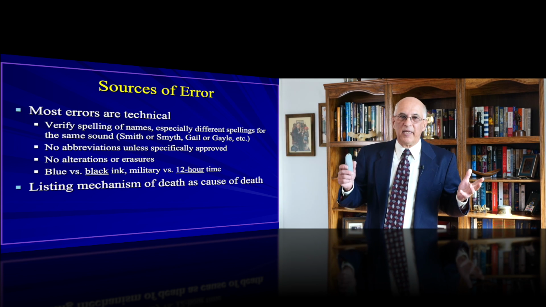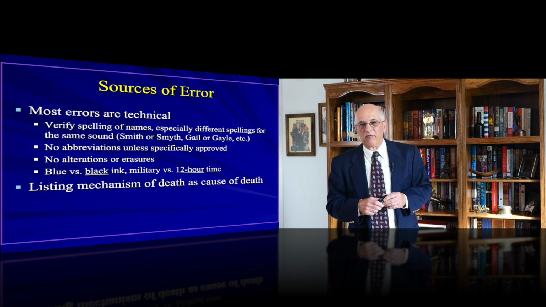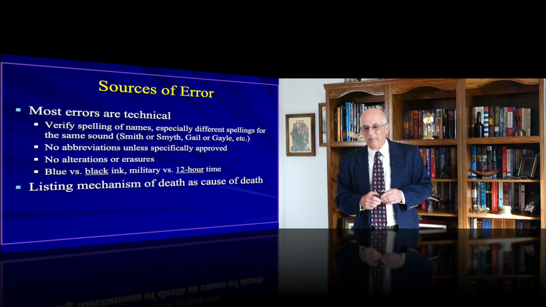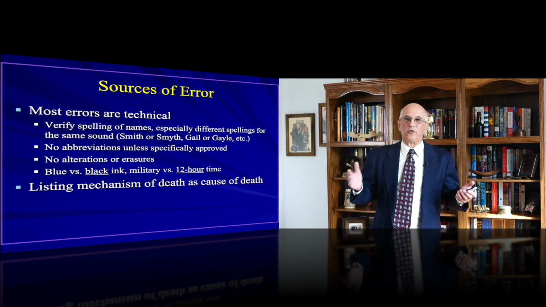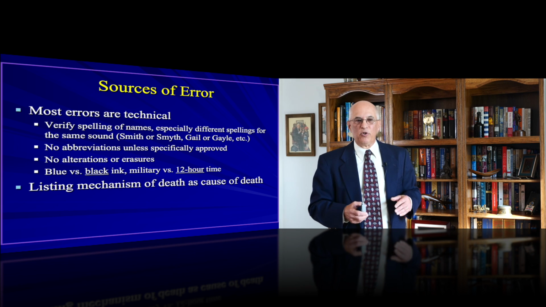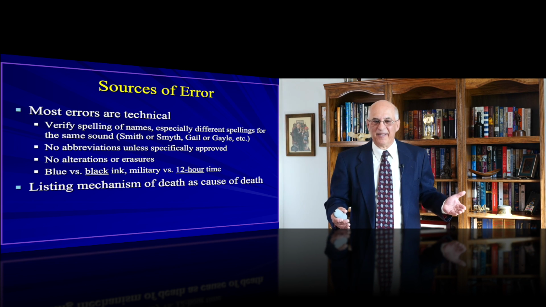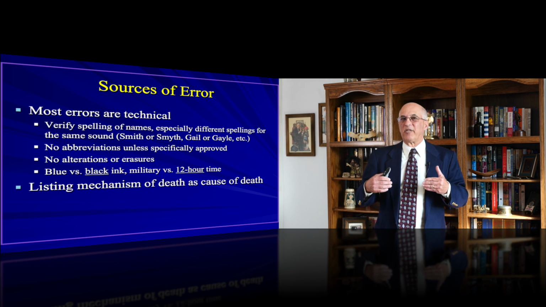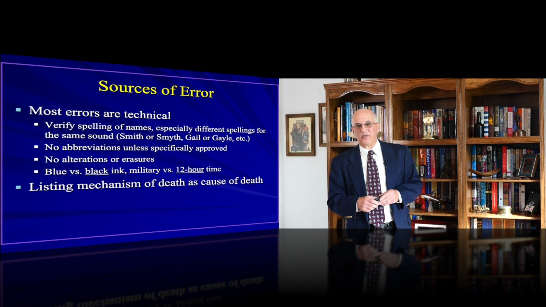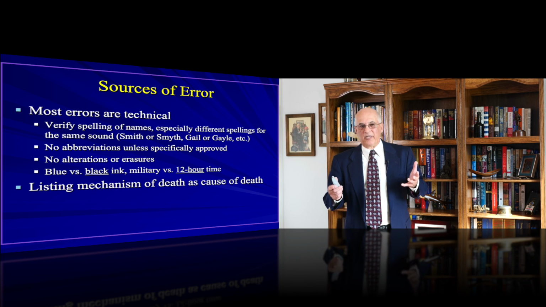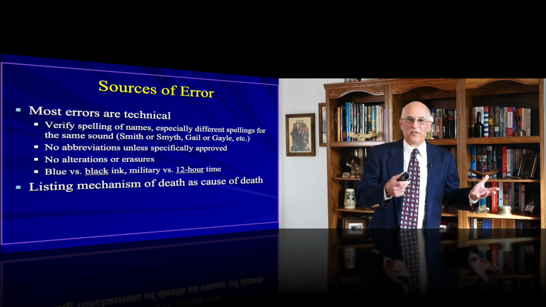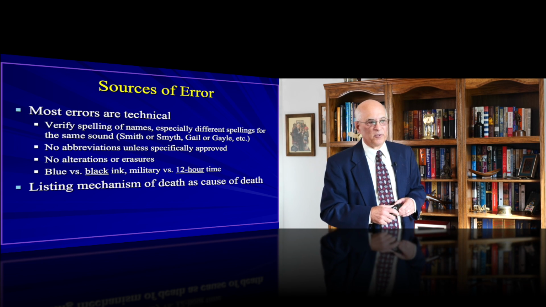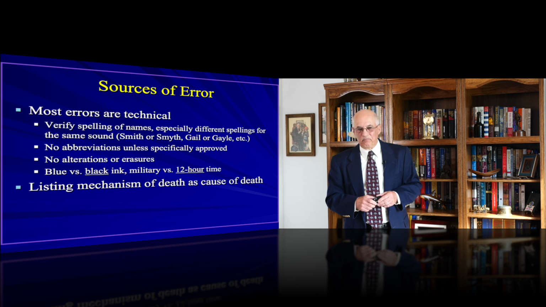The other thing is when we were using the paper form in Massachusetts, by far the most common reason for death certificates to get rejected was that someone used blue ink instead of black ink, or they used military time, which we use all in the hospital, instead of 12-hour time, which was required by the state. And what would happen is these death certificates would then get to the funeral home, who would then have to reject it, redo it, and bring it back to get signed again. So we'll talk a little bit more about that later.